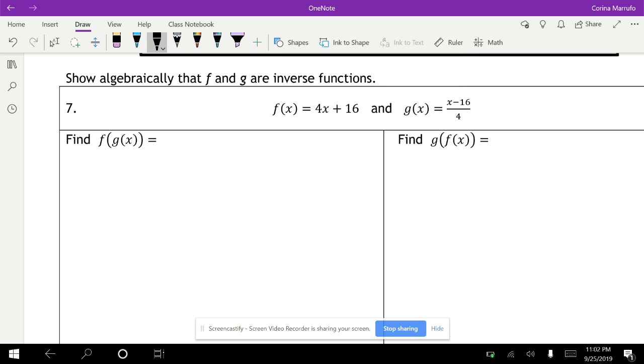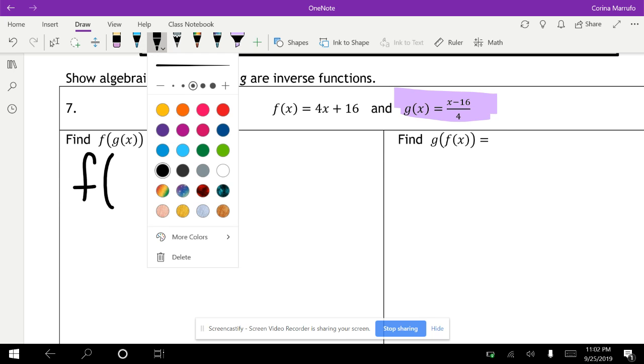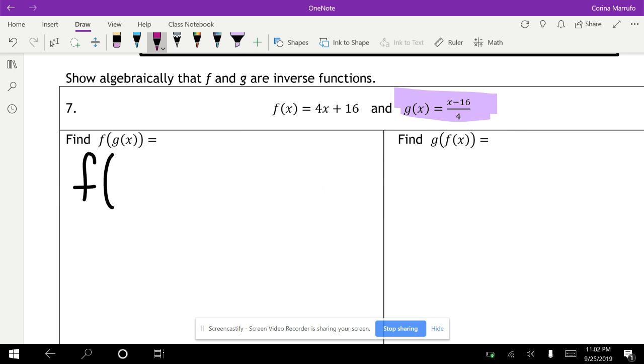So here we have f of, and then we are going to plug in our g function. So here my g function is, let's see, x minus 16 over 4.